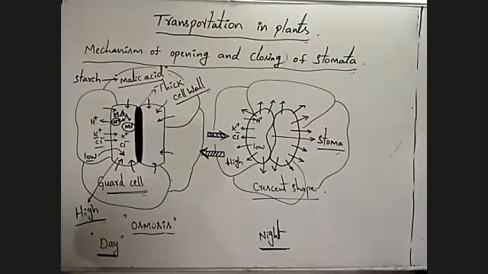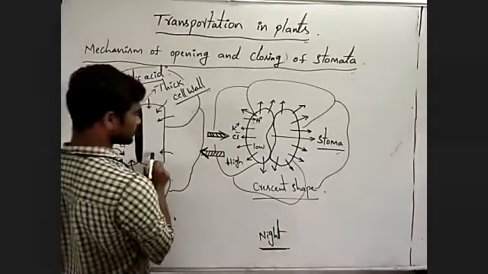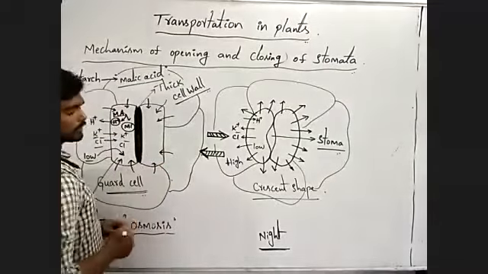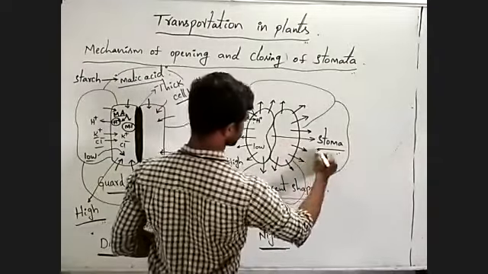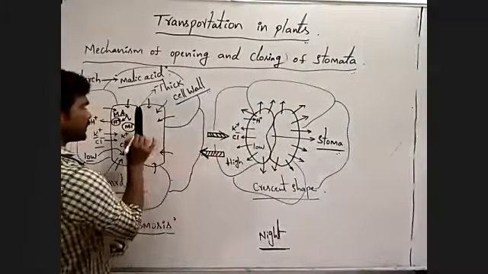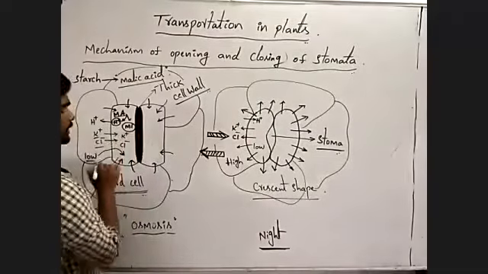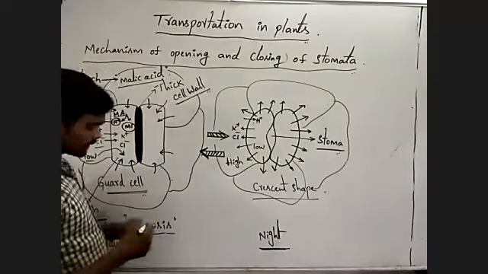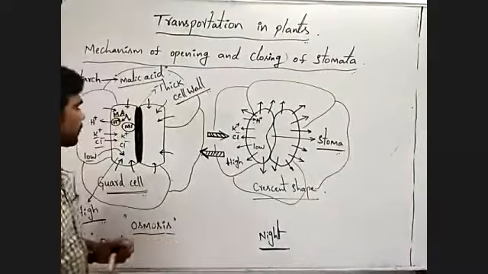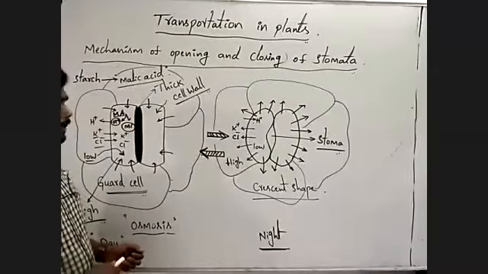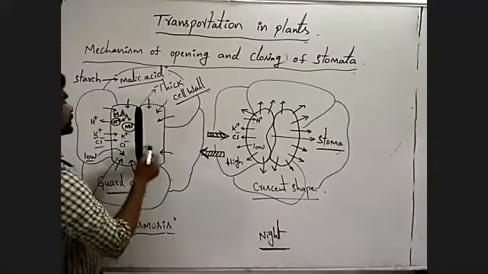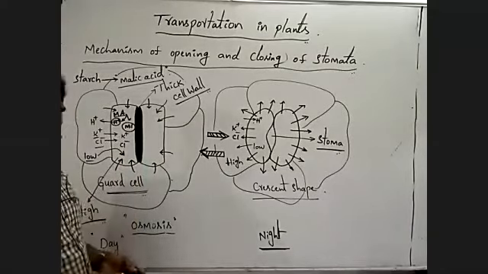Okay. When they get their normal shape or position, the small hole present between the two guard cells disappears. Means stomata is closed.